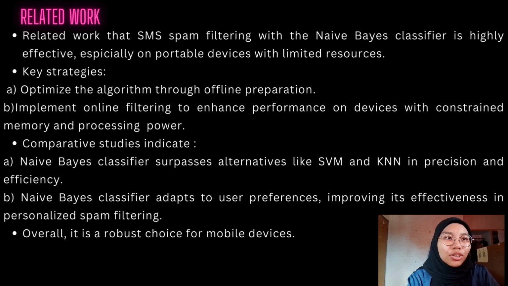Comparative studies show that naive Bayes surpasses alternatives like SVM and KNN in both precision and efficiency. Its ability to adapt to user preferences further improves its effectiveness in personalized spam filtering, making it a robust choice for mobile devices.